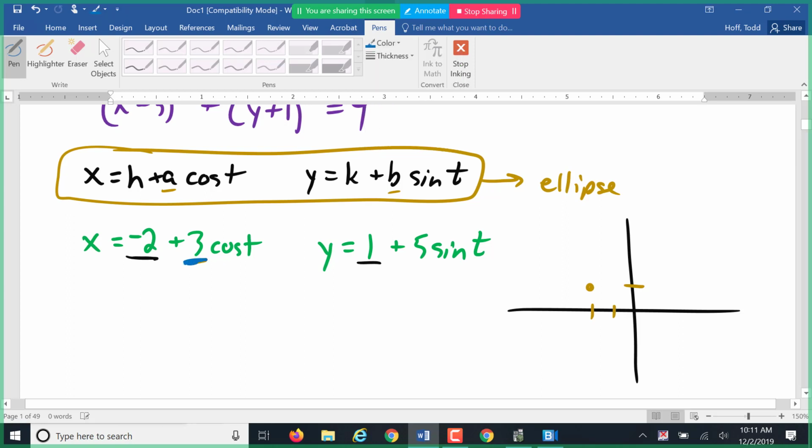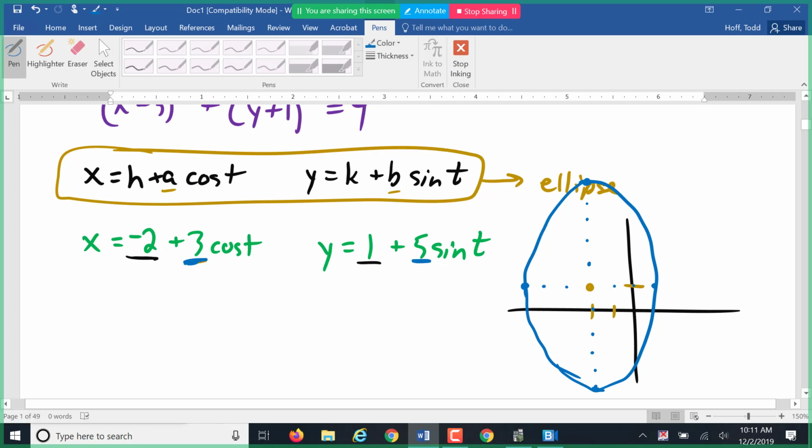Since that's the x, I'm going to go 3 units to each side in the x. Semi-vertical axis is going to be 5. So I go down 1, 2, 3, 4, 5, up 1, 2, 3, 4, 5. And there's the limits of my ellipse, like that.